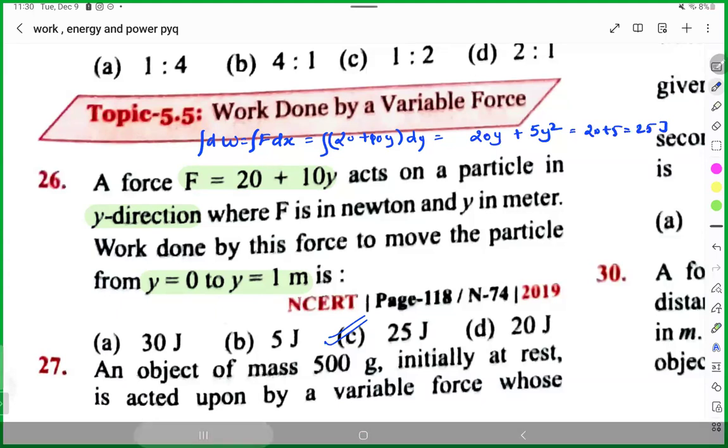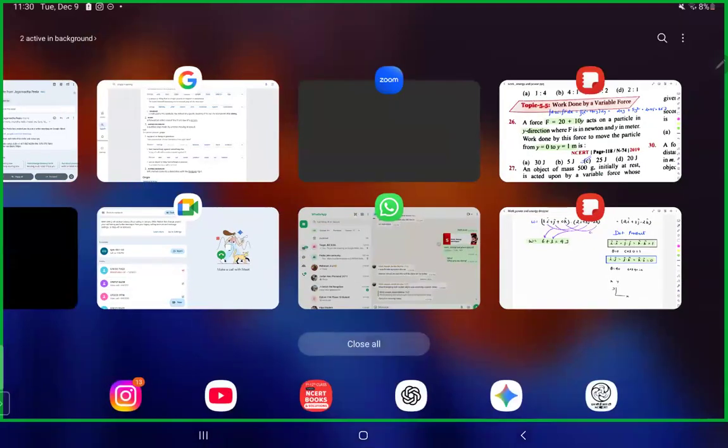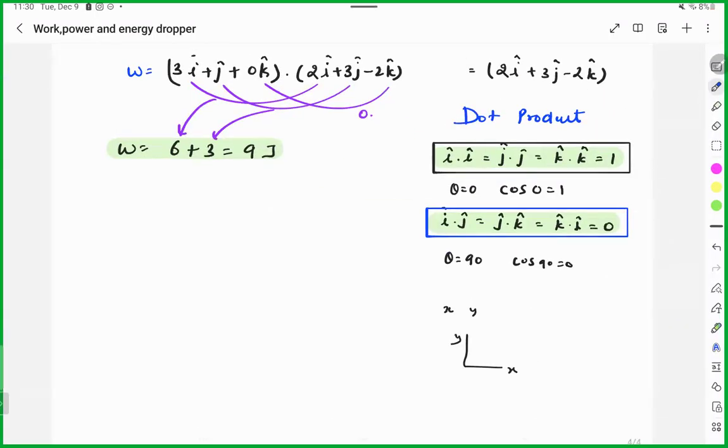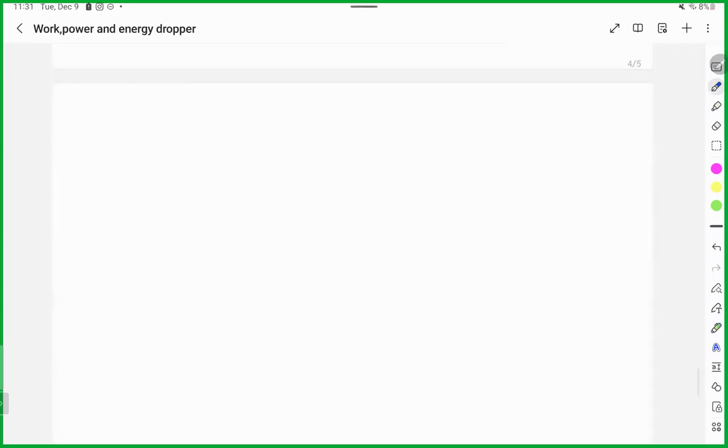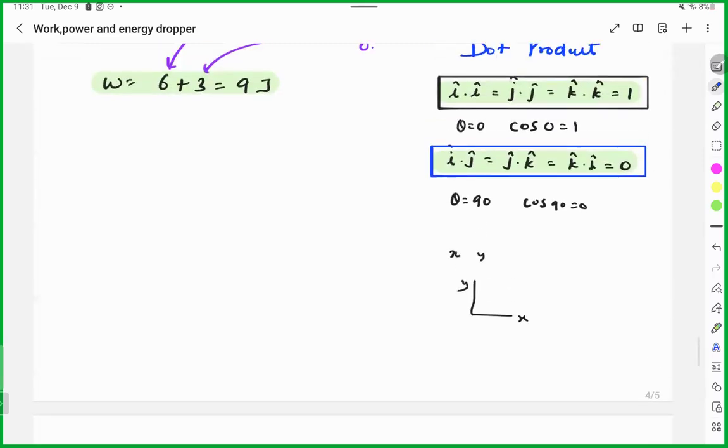Okay. So in this question, when you are solving, you have to focus on the integration part, how to do integration. First, in short, I'll tell how to do integration, though you already know it.